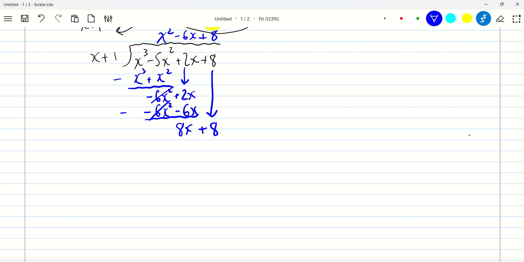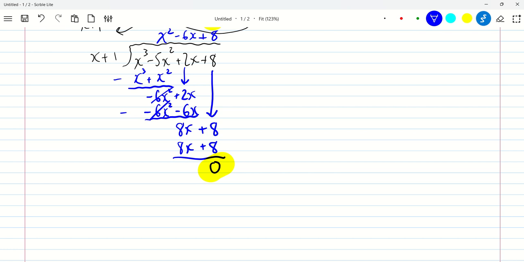So 8 times x is 8x. 8 times positive 1 is positive 8. And if you've done everything correctly, you should get this magical number of 0 at the bottom. Why should you get 0 at the bottom? It means that there's no remainder. That's your remainder down the bottom. And so if you don't get 0, you've done something wrong. Either x plus 1 is not a factor, or you've done some working out wrong in here. Okay, but we're all good.